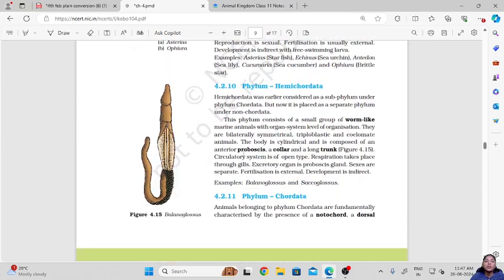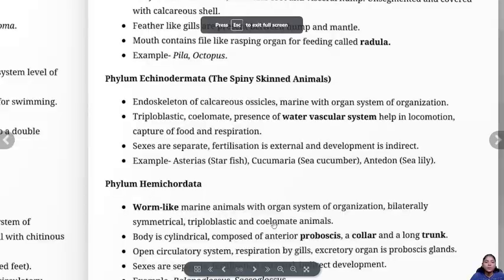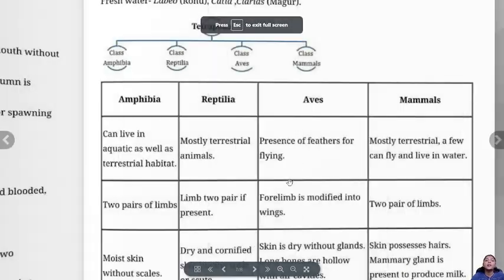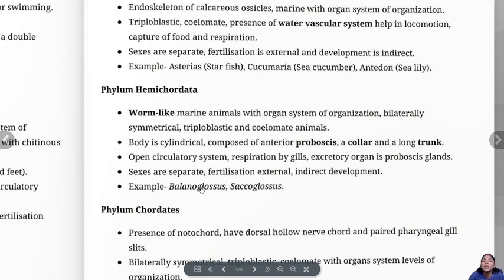Then the next phylum which we have is the Hemichordata. So in Hemichordata or the hemichordates, we have the worm-like marine animals with organ system of organization. So these are also found in the oceans, and they have organ system level of organization.